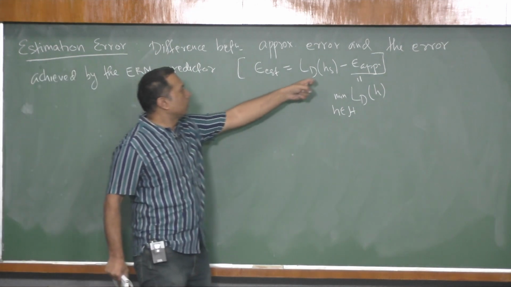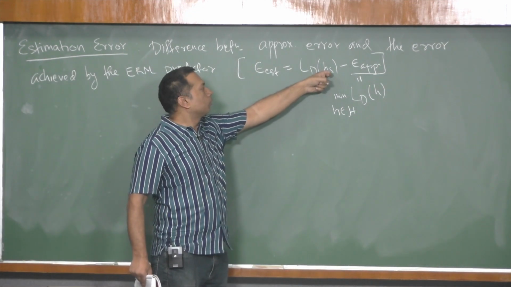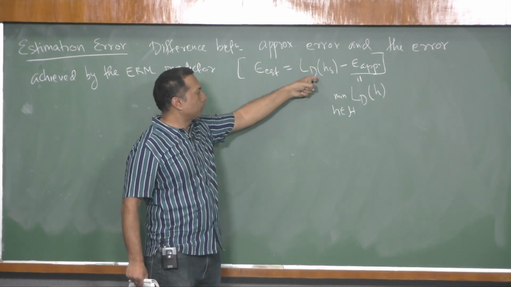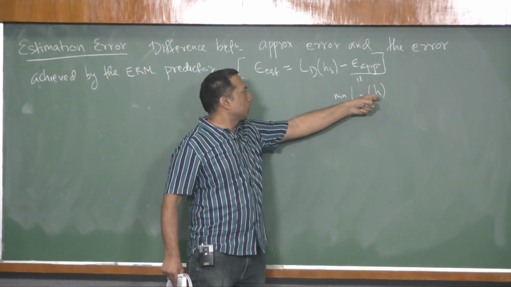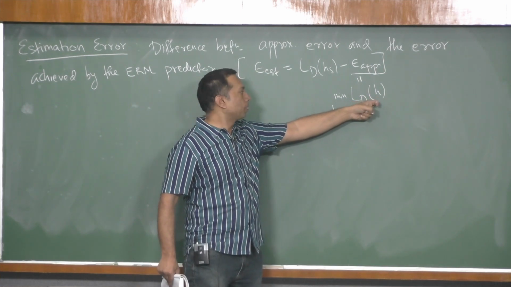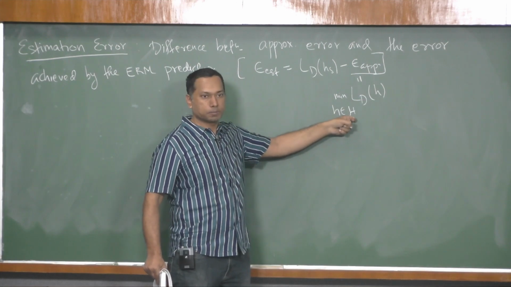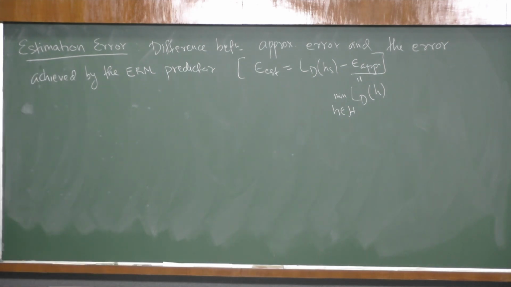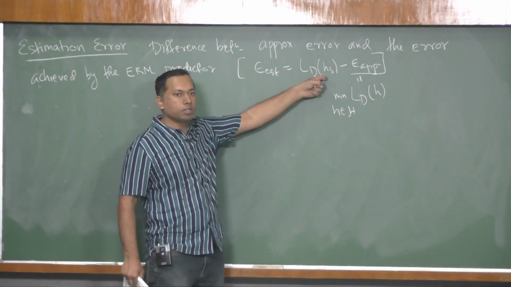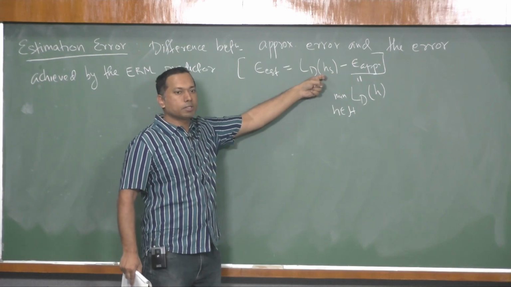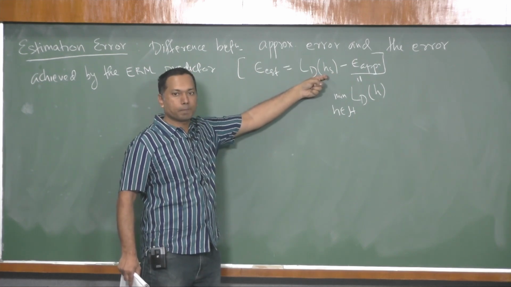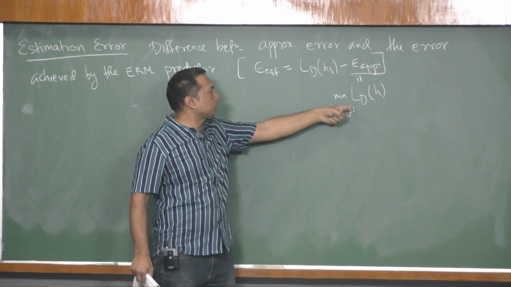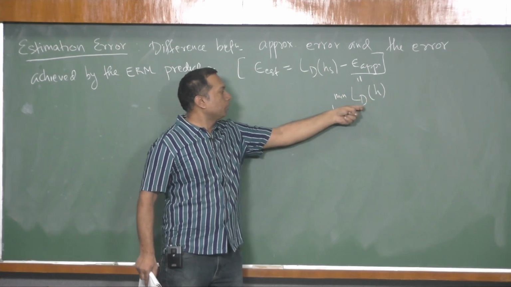So the h that we find from the training process, its effect on the true error, and the h that you could have got, the optimal one in your H that you may not have found via training. This error essentially tells us how bad we were in the training, because our training did not find a good h for which I could have got L_D(h).